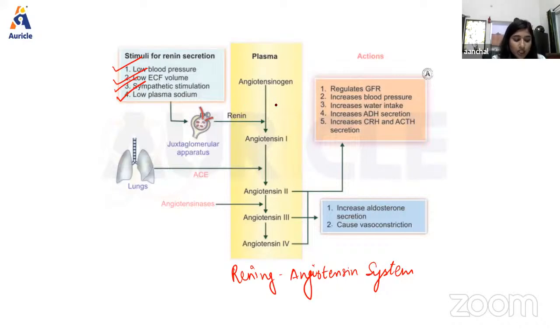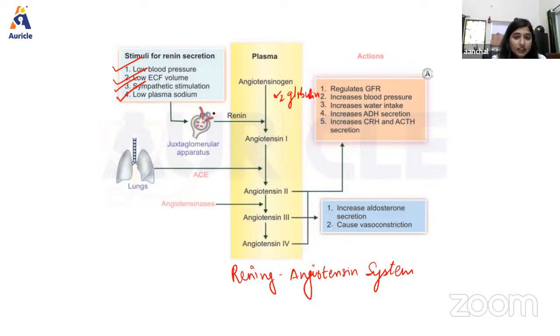It acts on a specific plasma protein, that is angiotensinogen, or this is also known as renin substrate. Okay, so whenever renin is released into the blood, it will act on a very specific substance, that is angiotensinogen, or renin substrate, which is a type of alpha 2 globulin, right?